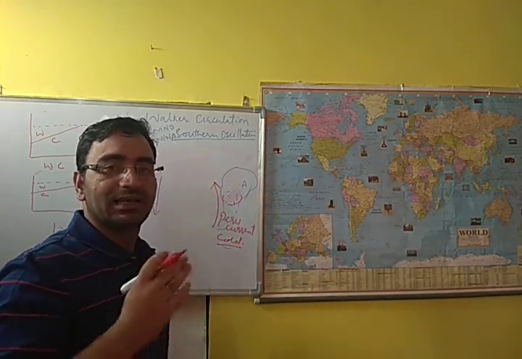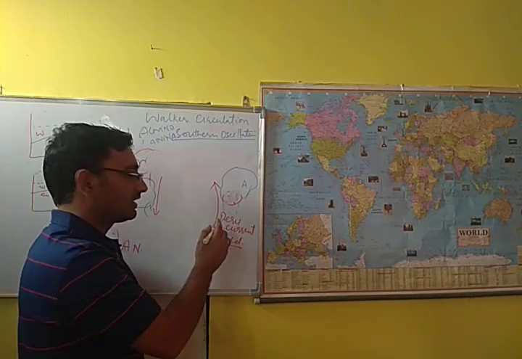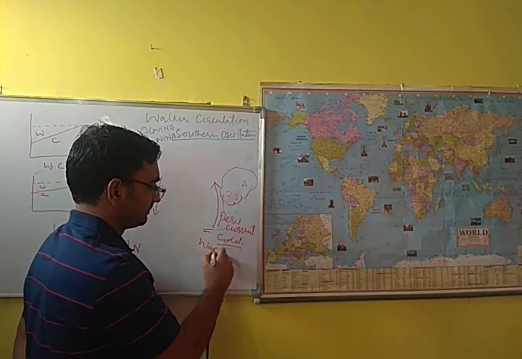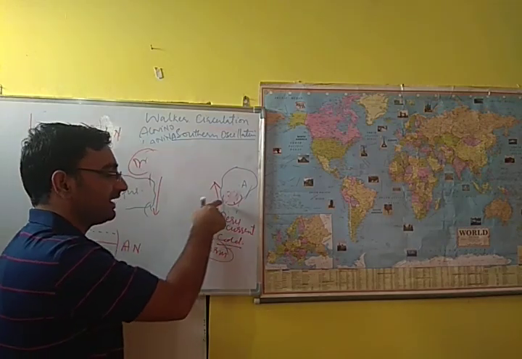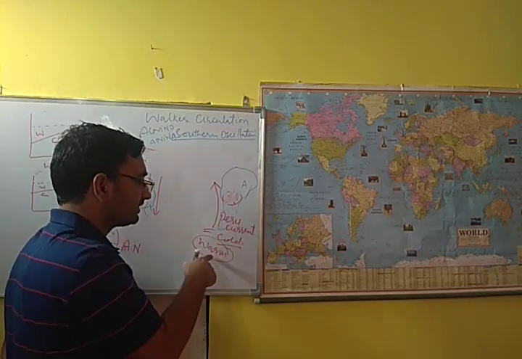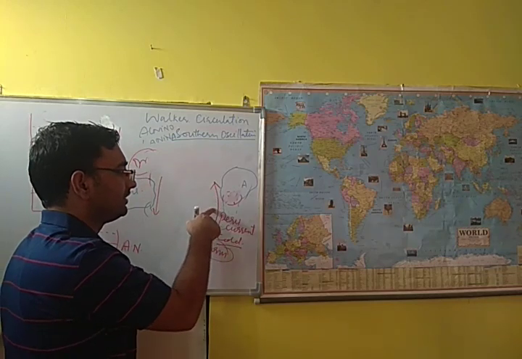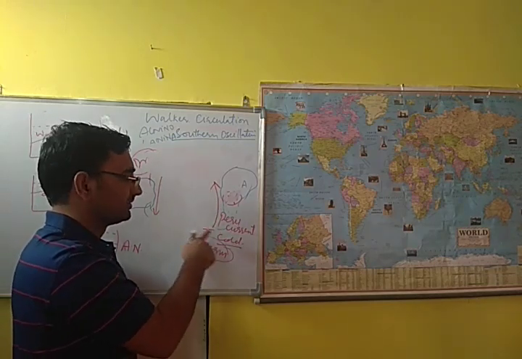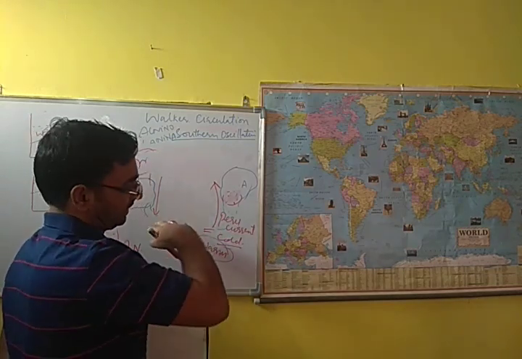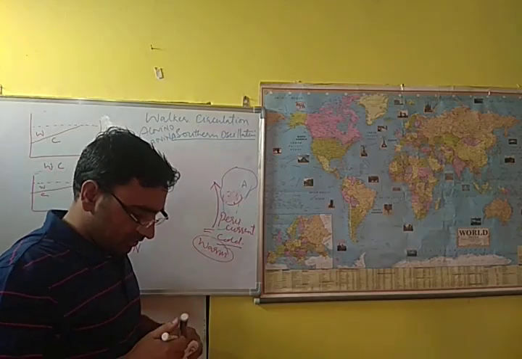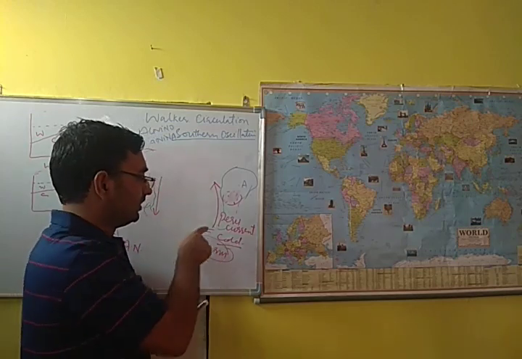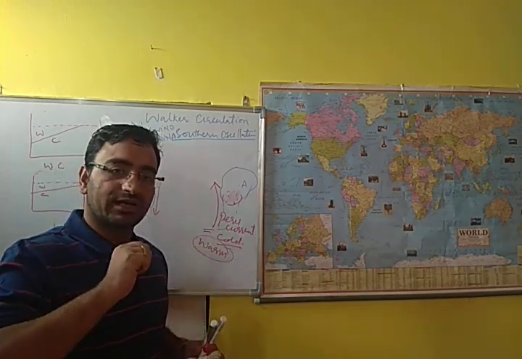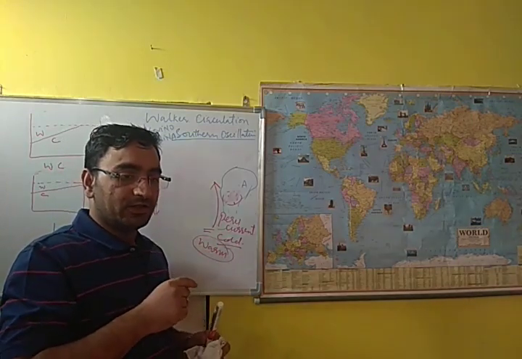Now because of the El Nino phenomenon, this cold current becomes a warm current. So initially I had a warm current here and a cold current here. But during the El Nino phenomenon, this Peru current, which was a cold current, becomes a warm current. So this warm current is now the surface current. I am discussing the impact of this El Nino.